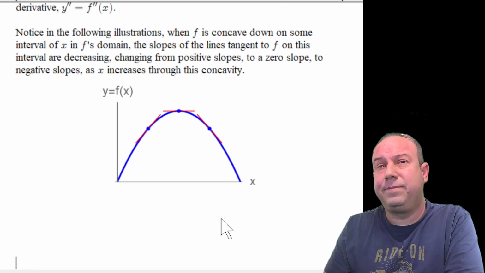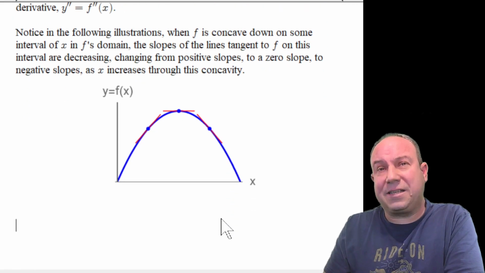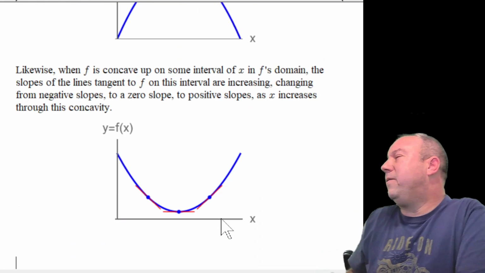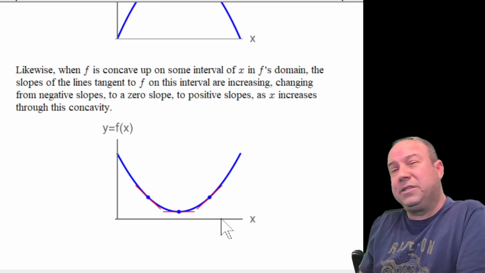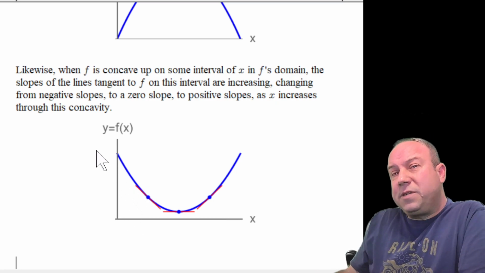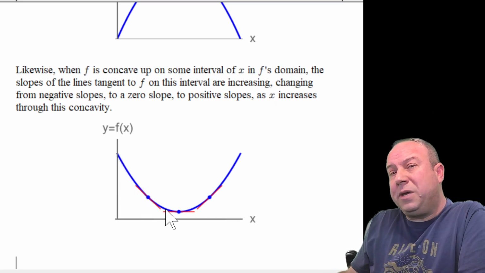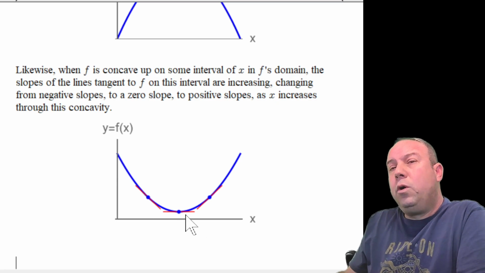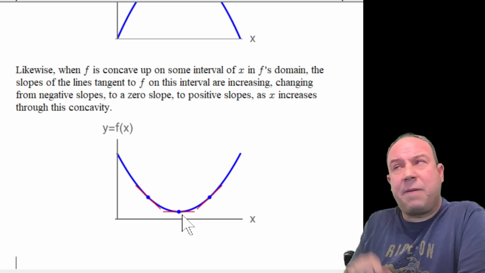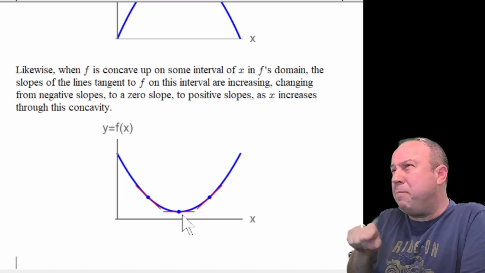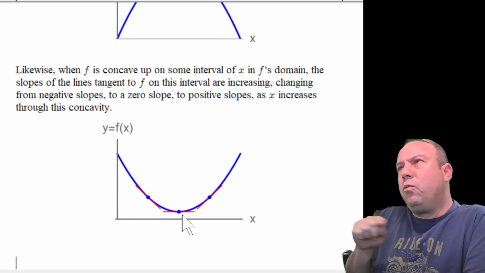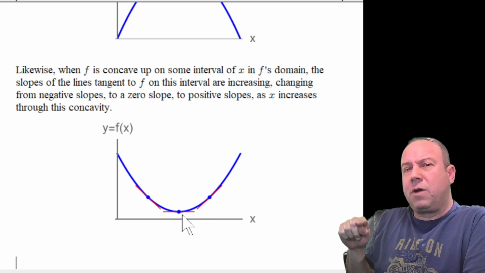Similarly, as x increases through that concavity, if it's the case where we're concave up, as this illustration illustrates, right? The slopes of the lines tangent to our curve will start off being negative, will become 0 at the vertex, again down at that valley, right, at that base or that bottom of our curve, where our critical point equals 0, right?